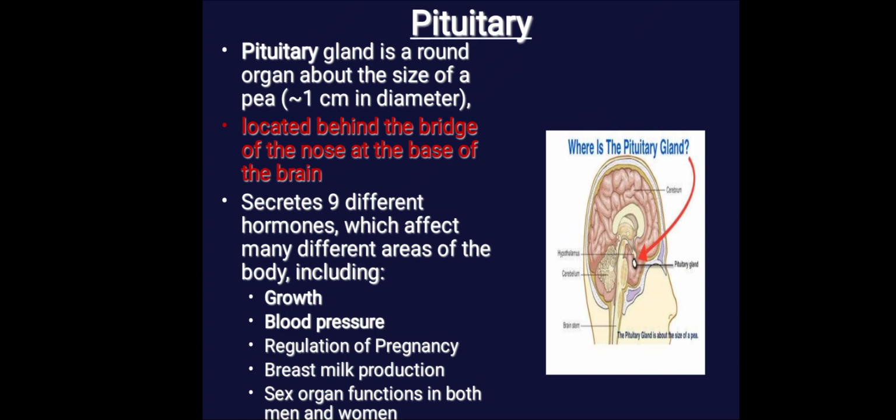It secretes 9 different hormones which affect many different areas of the body, including growth, blood pressure, regulation of pregnancy, breast milk production, and sex organ functions in both men and women.